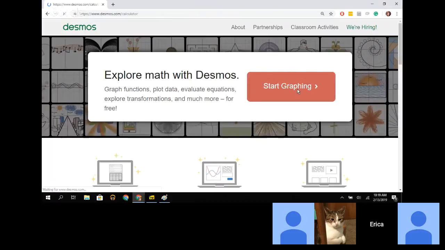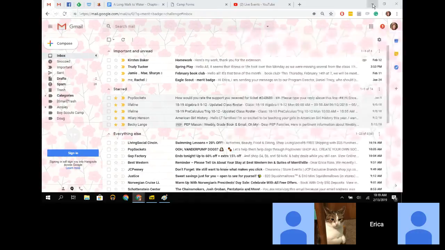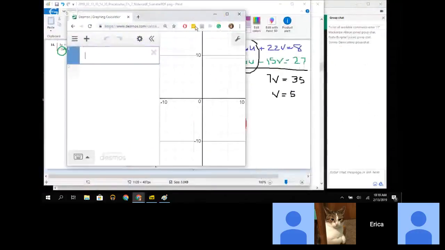So I just need to plug in my original equations and find out where they meet after Desmos loads. Okay, so I have 3. I don't know if I do u and v what it'll do. No, it doesn't like that. So you got to change them out for x and y.